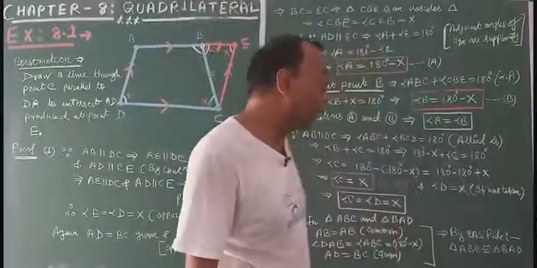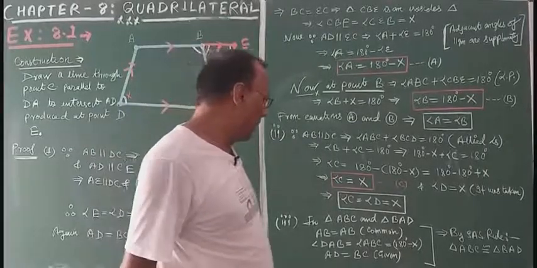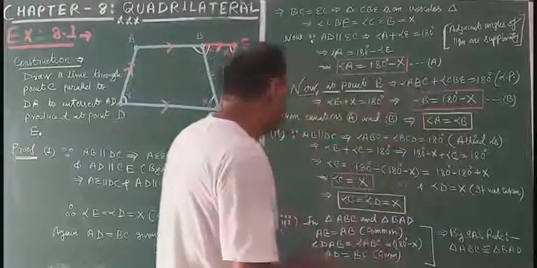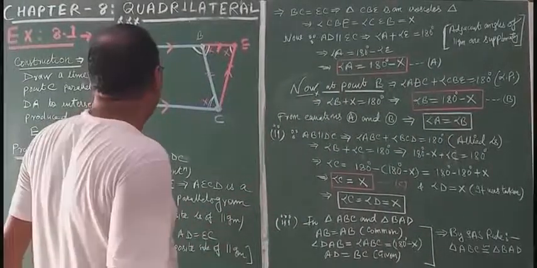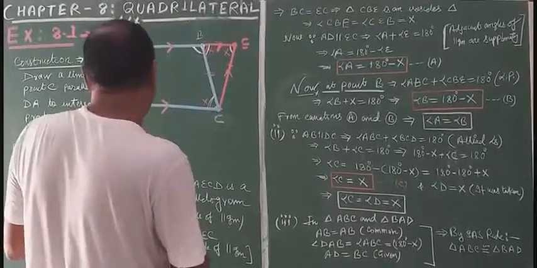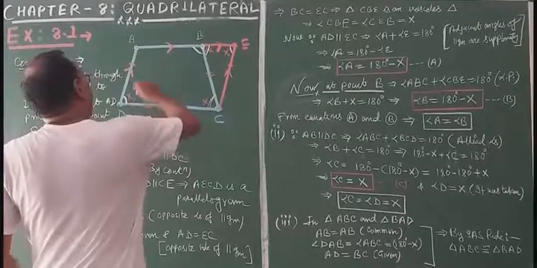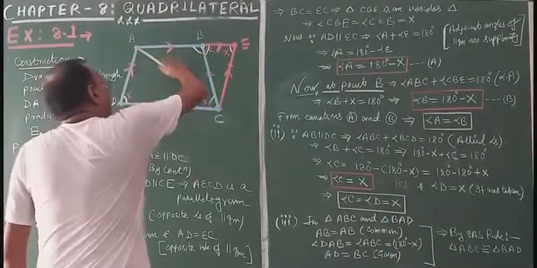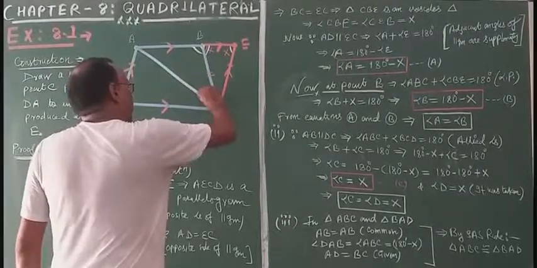Now come to the third part. The third part is to prove that triangle ABC is congruent to BAD. Just look carefully. Where is triangle ABC? This one. This is the triangle ABC.